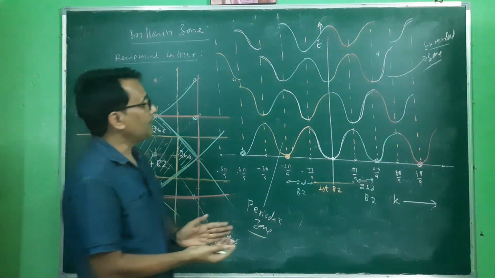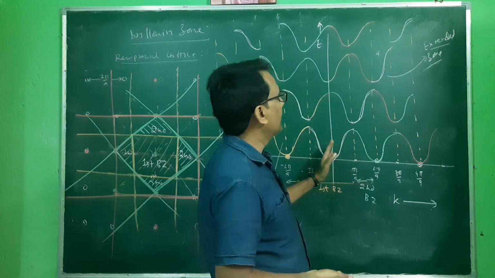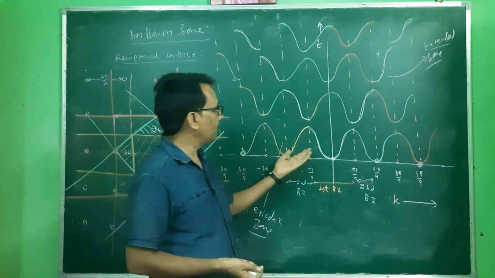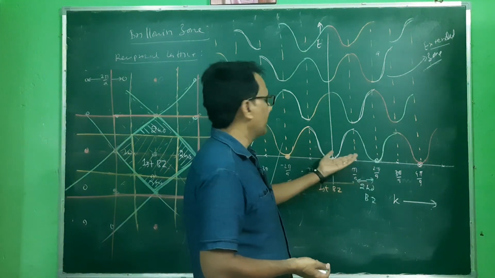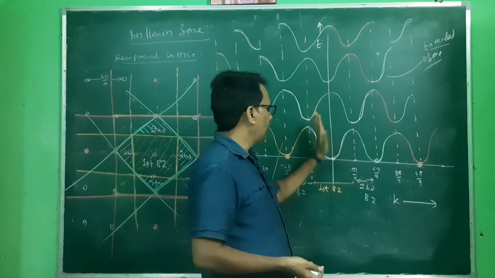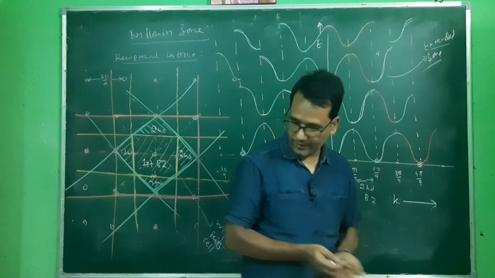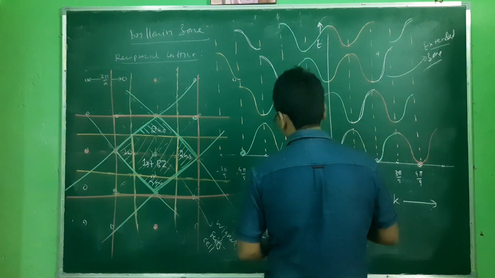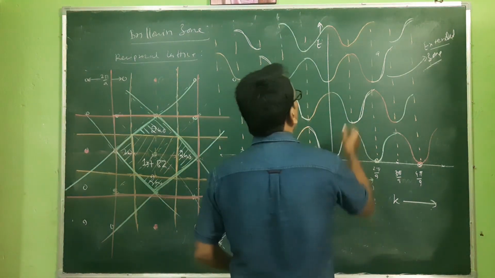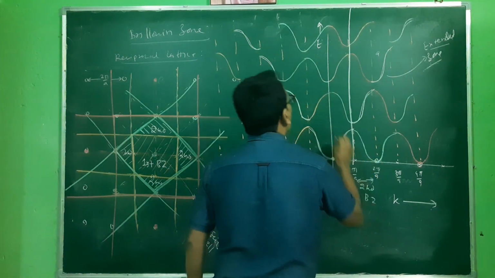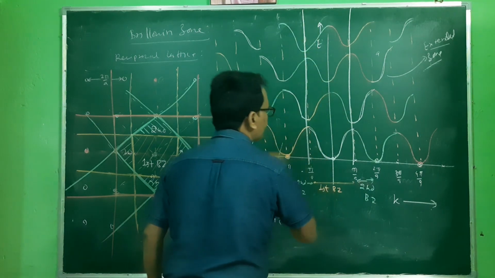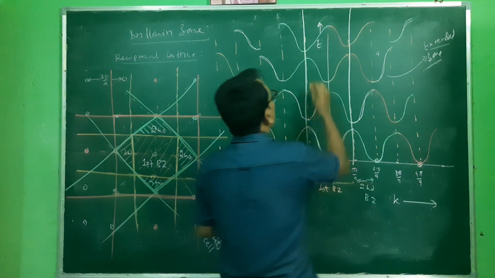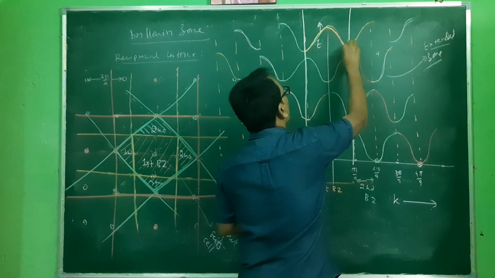So when the behavior of the material is explained on the basis of this band diagram, one can explain it by using any of these regions, because this is the periodic one. If we take only this central region, this is the diagram of the band plot.